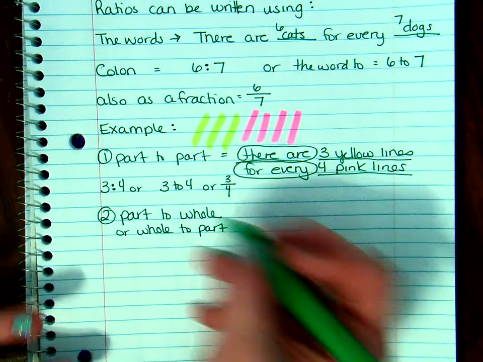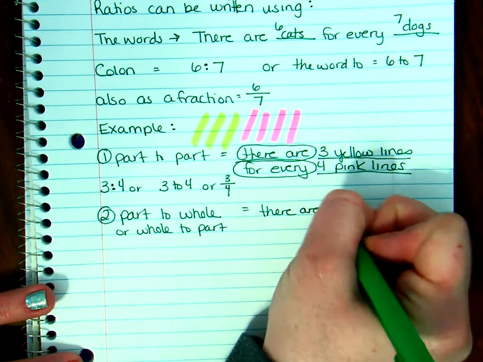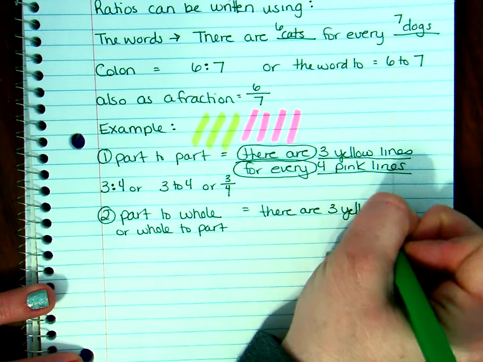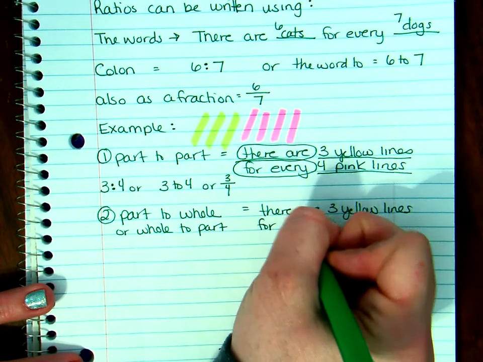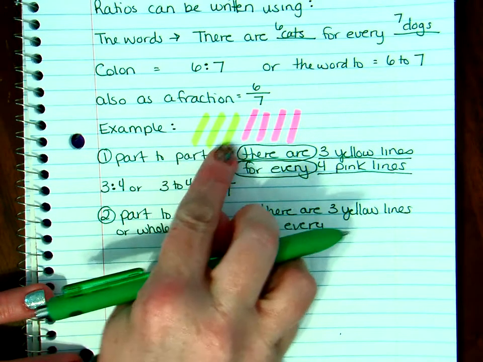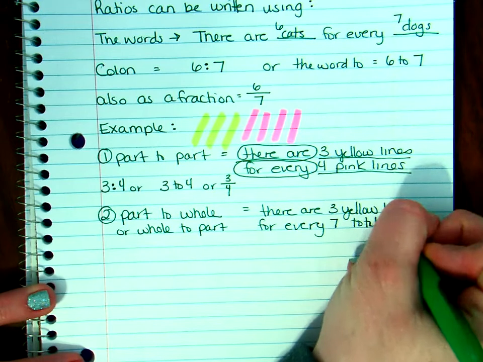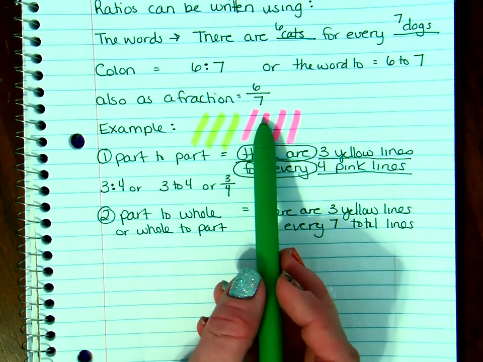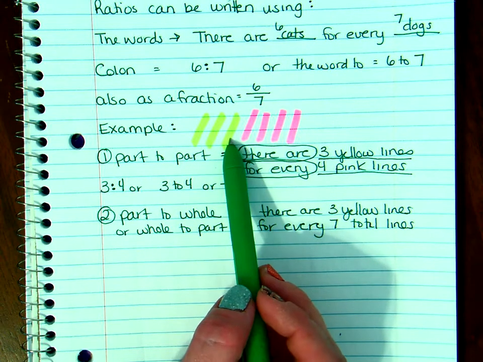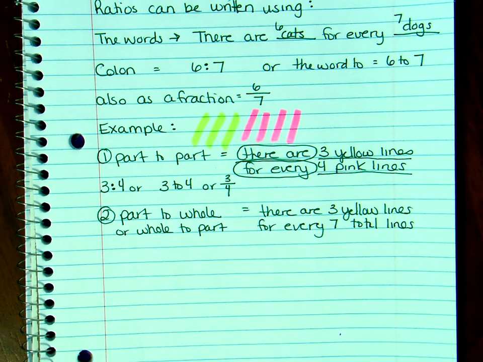Okay, so in this case, if I did part to whole, I would say there are 3 yellow lines for every 1, 2, 3, 4, 5, 6, 7 total lines. So there could be a pattern here. If I kept going and I kept drawing, after these 4, I would do another 3 yellow, then another 4 pink, another 3 yellow. So every time I have 7 lines, 3 of them are going to be yellow.